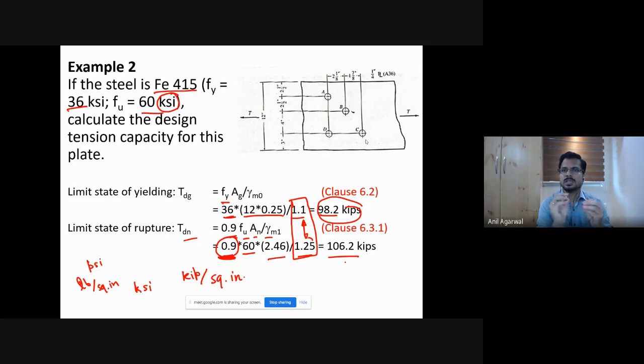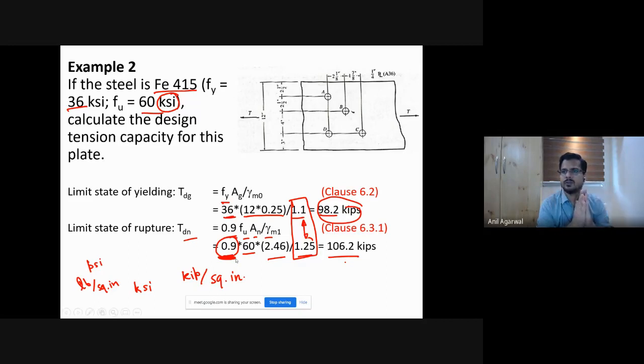Because rupture is governed by the presence of micro cracks, whether there are any imperfections, and so many other factors, which is not the case in the coupon. But for plates, for real life members, that is a reality. And because of that higher level of uncertainty in rupture behavior, we have a higher factor of safety for rupture.